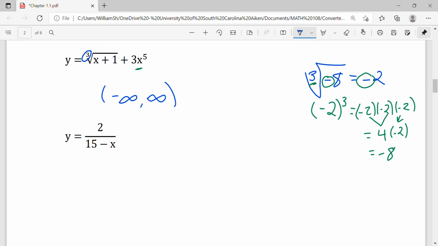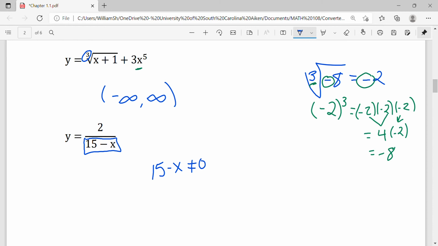Now, this last example here, I have y equals 2 over 15 minus x. Now, we've done a denominator problem. That was the second one we did. So we are concerned with this denominator here, this 15 minus x. And if we make this not equal to 0, then we shouldn't have any problems. The only problem we'll have is if that denominator turns out to be 0.